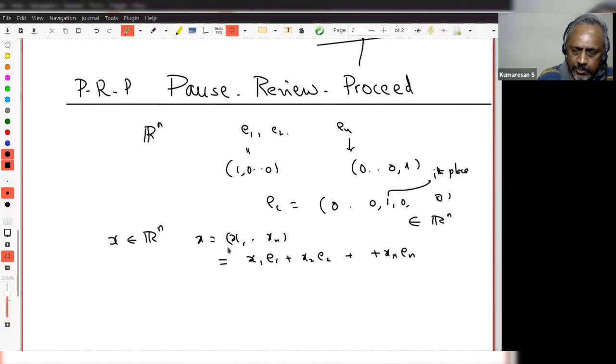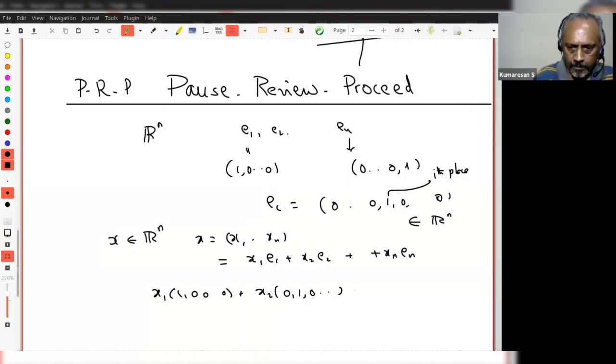So when we write x equal to the n-tuple, it's a shorthand notation for this. If you want, let me do that. This will be x1 times e1.